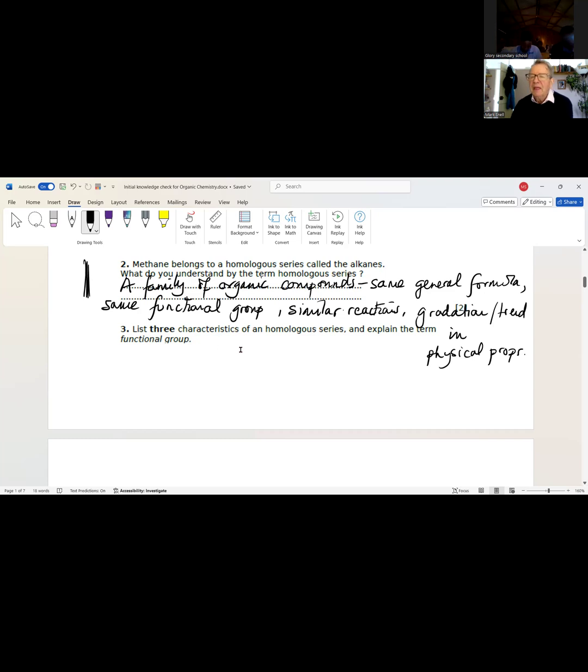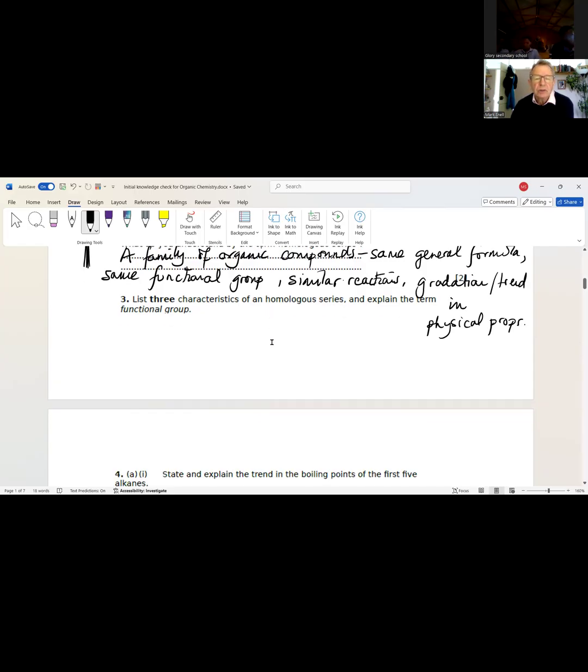Okay, it is the part of the molecule which tells us how it is going to react. It also tells us its physical properties because, for instance, a 2-carbon alkane is a gas, but a 2-carbon alkanol is a liquid, and that's because of the OH.